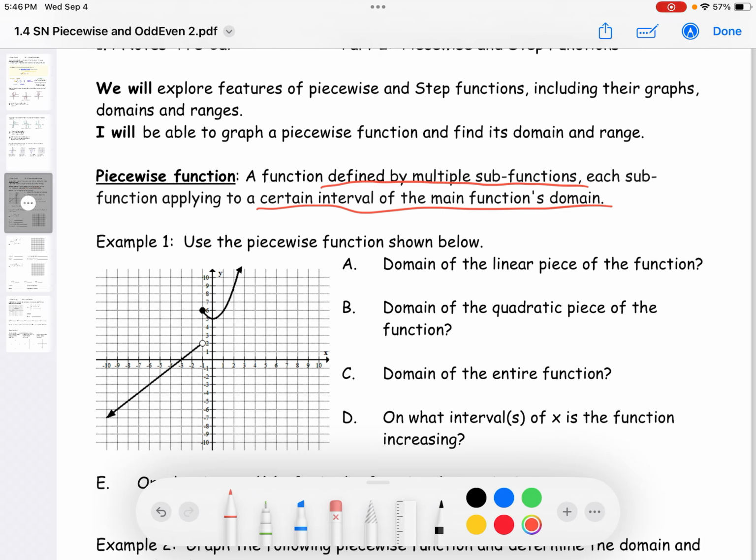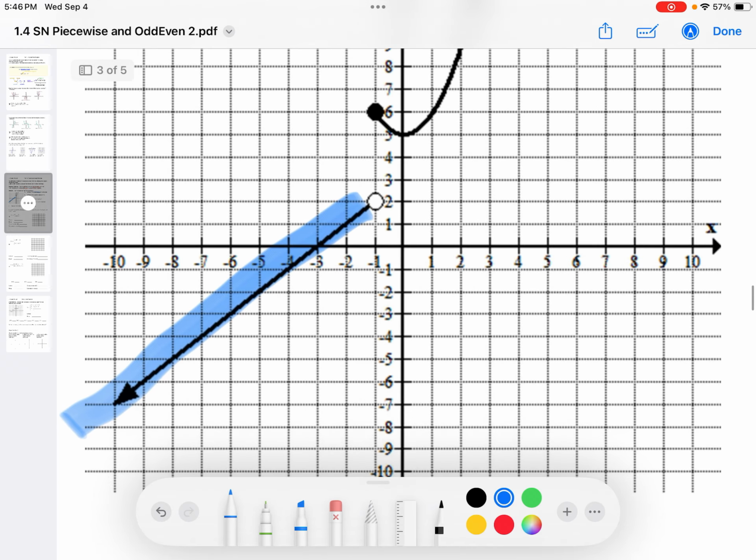If we look at the piecewise function here in example 1, we see a linear piece here on the left and a quadratic piece here on the right. Question A is asking us for the domain of just the straight line linear piece of that function. That domain, left to right, on the left, that arrow's going left forever.